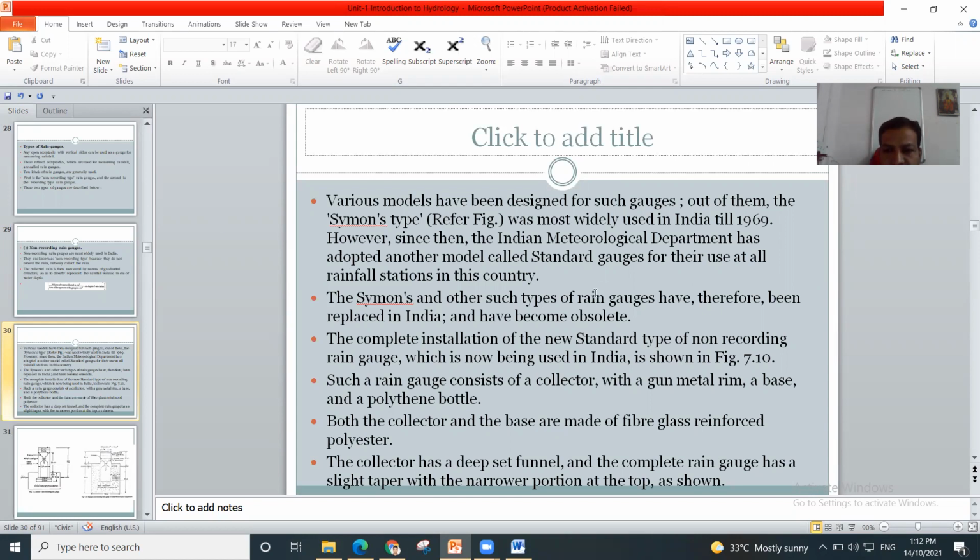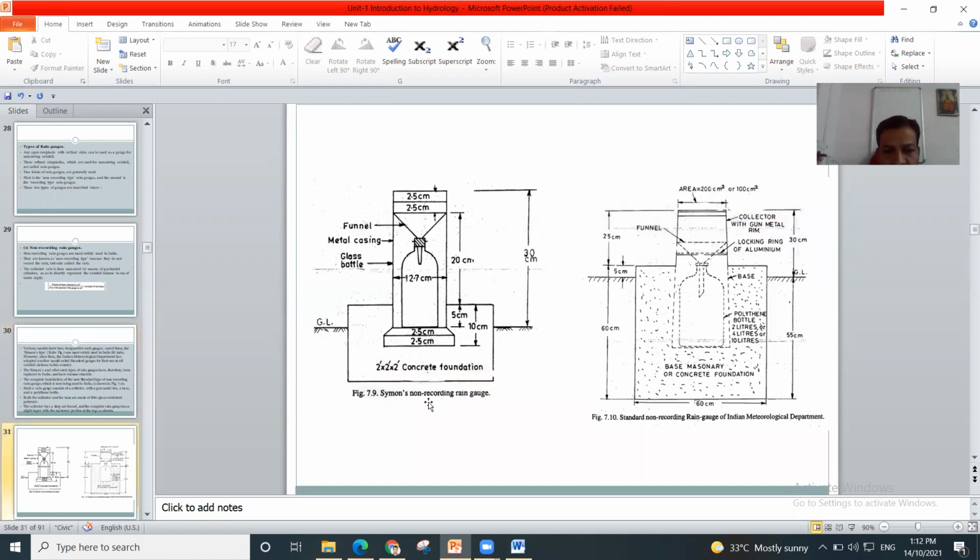The Indian Meteorological Department also designed the standard type of non-recording rain gauge, which is similar to this Siemens rain gauge. This is a non-recording type rain gauge.